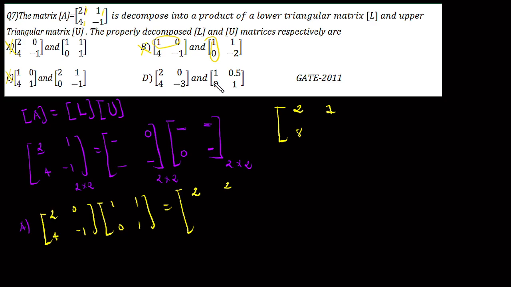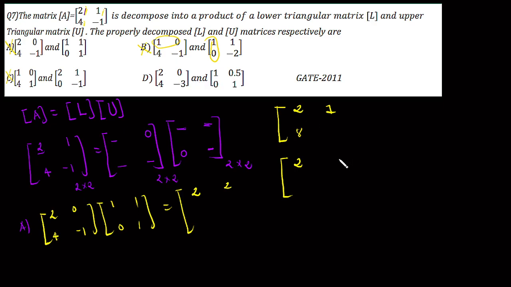So the only remaining option is D, and which is of course the correct one. But now let's quickly also do the multiplication of these two for the option D also. So here the first entry is again 2, because these 2 multiply with 1.